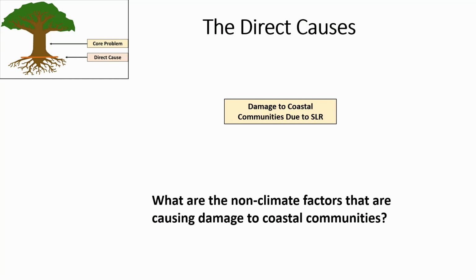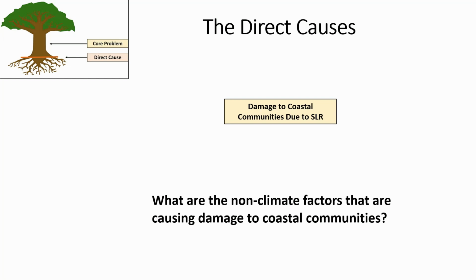So now that we've got our core problem figured out, the next thing we want to do is determine the non-climate factors that are causing damage to coastal communities. We've already linked this to climate change through our evidence base in Module 1. We know that damage to coastal communities due to sea level rise is coming from climate change.